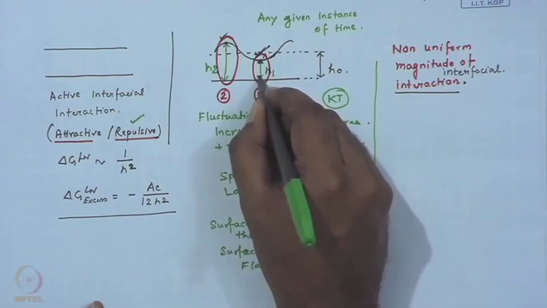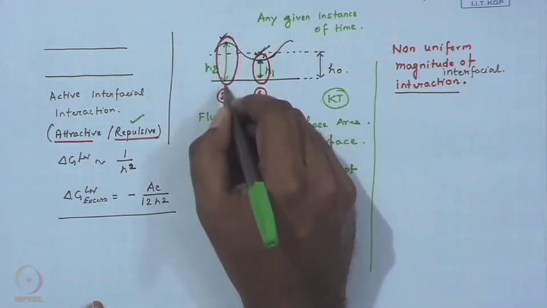So, if the interfacial interaction is now repulsive, what happens is that the repulsion is stronger over here as compared to this area.